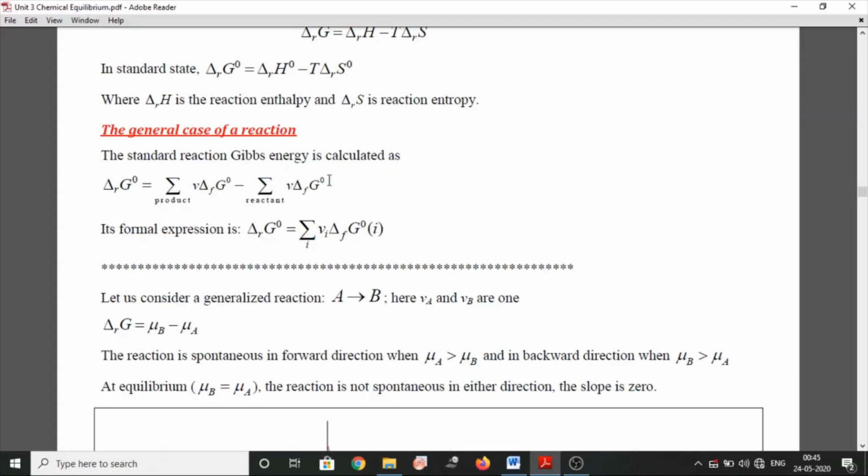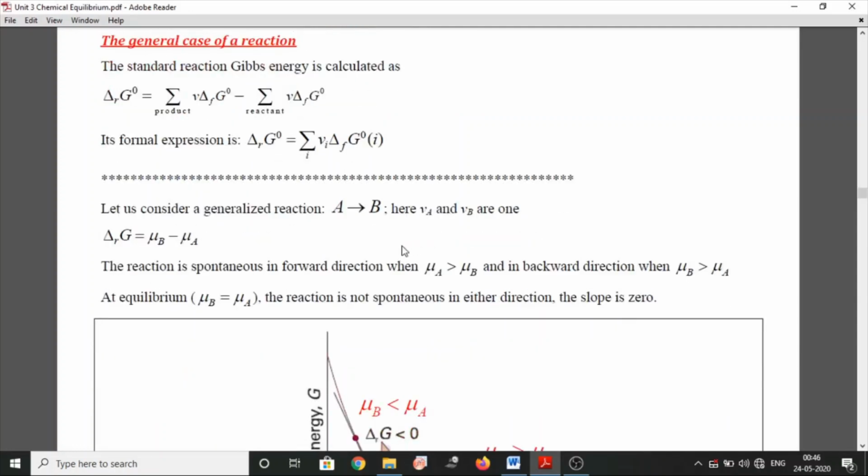The right hand side of this expression is generally expressed as the sum over i of ν_i Δ_fG0. This Δ_fG0 is Gibbs energy of formation. So this expression essentially means product side minus reactant side.